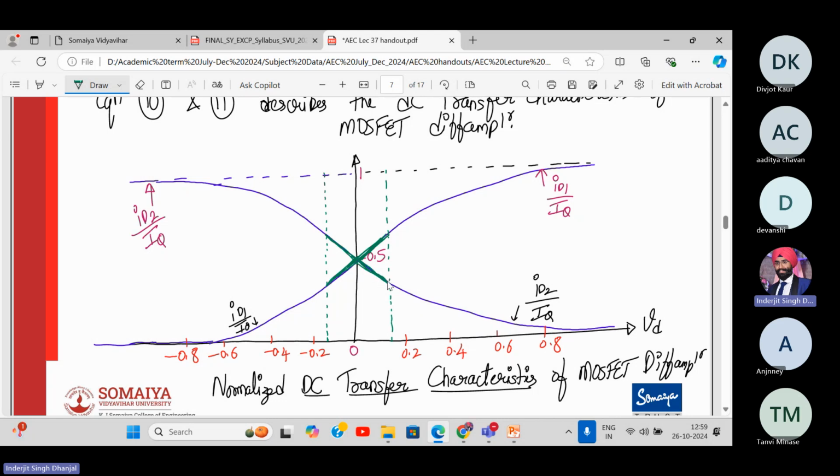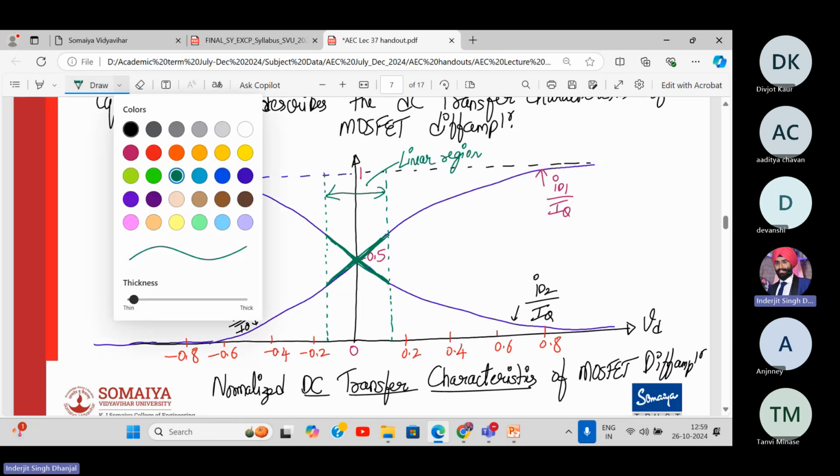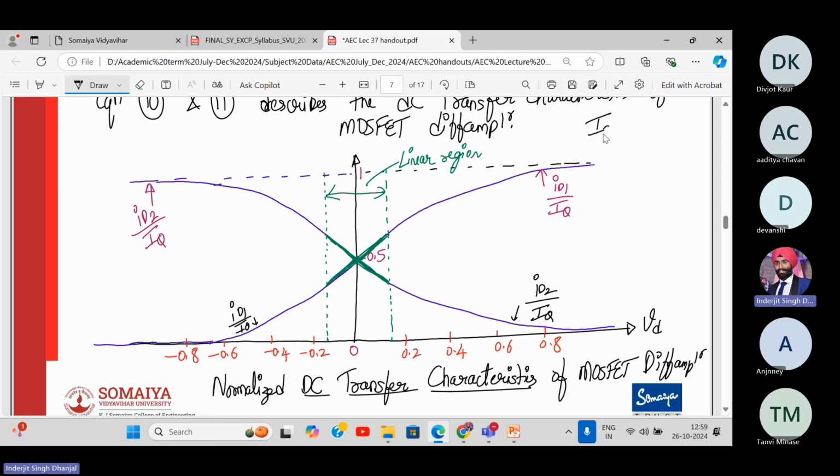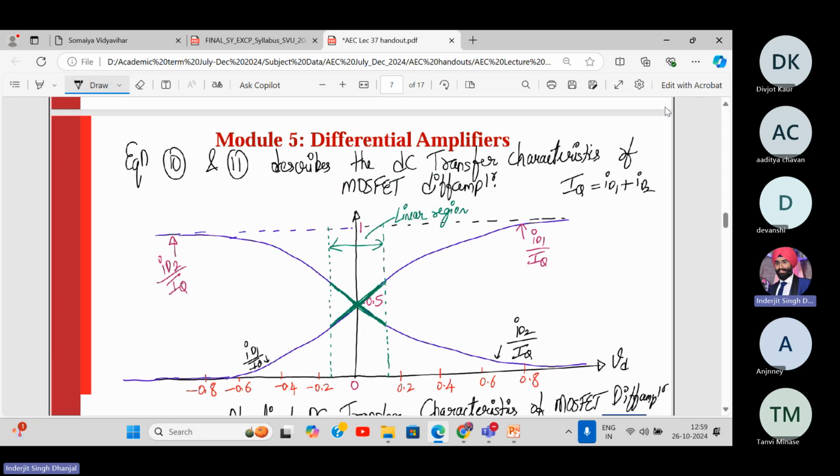Almost a straight line. That's why it's a linear region. So mark this region as linear region. And remember, at every point of time, IQ is ID1 plus ID2. Don't forget that.